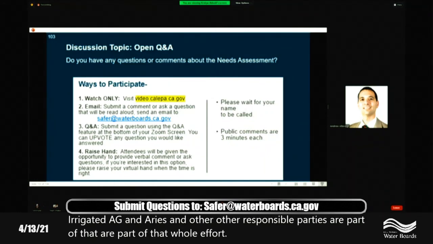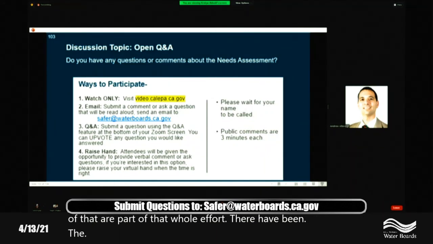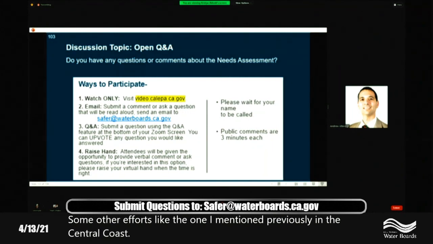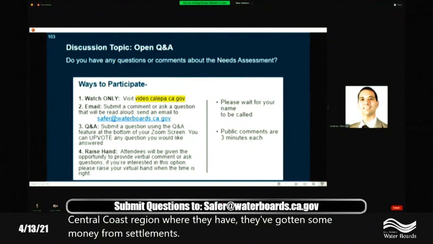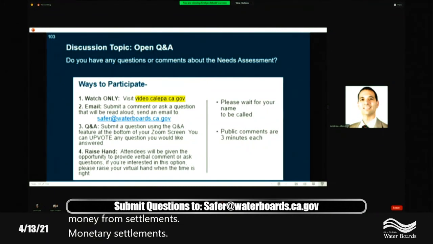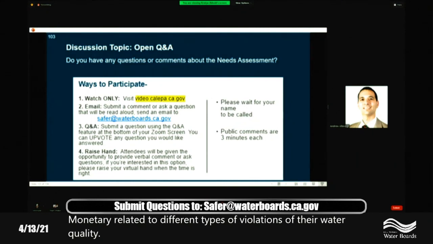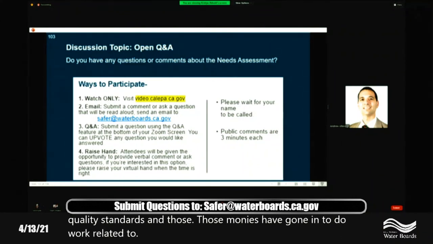effort. There have been some other efforts, like the one I mentioned previously in the Central Coast region, where they've gotten some money from monetary settlements related to different types of violations of their water quality standards, and those monies have gone in to do work related to the state smalls and domestic wells.